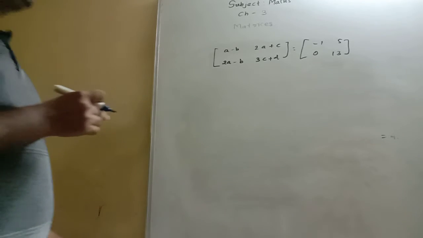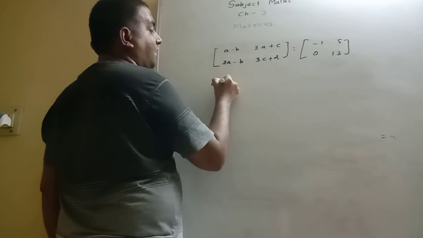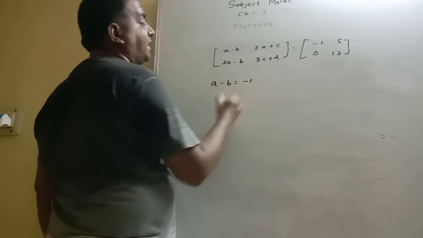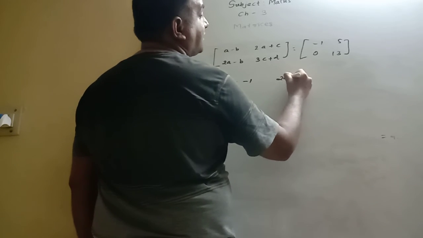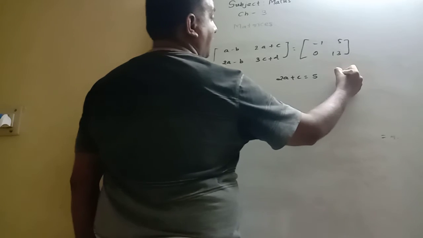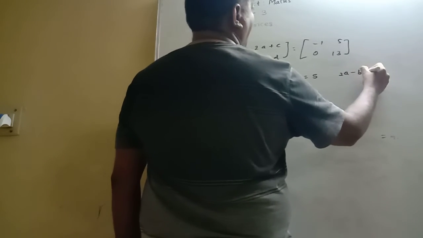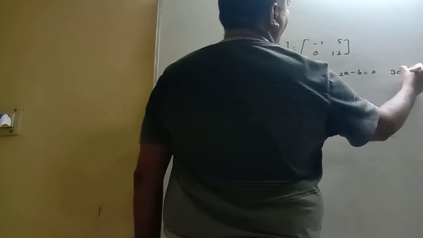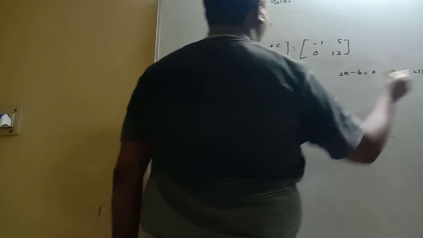Then find the values of A, B, C, D. So we can see here A minus B equals to minus 1, 2A plus C equals to 5, 2A minus B equals to 0, and 3C plus D equals to 30.